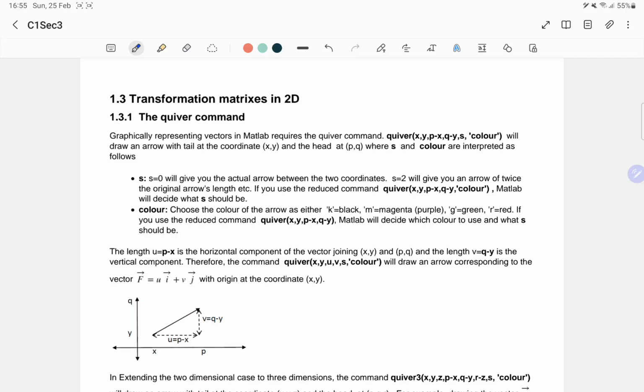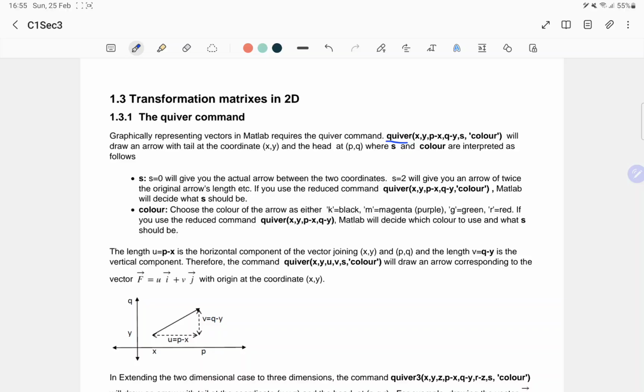MATLAB, being a powerful computational tool, offers a versatile command known as quiver, which we use to visualize vector fields.